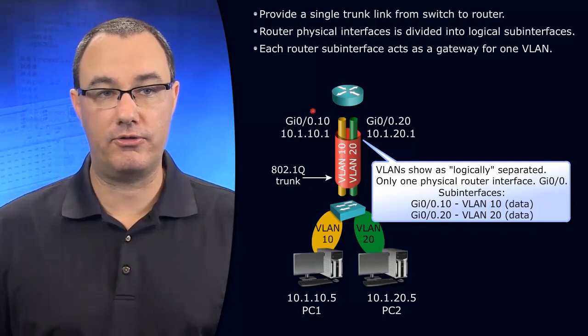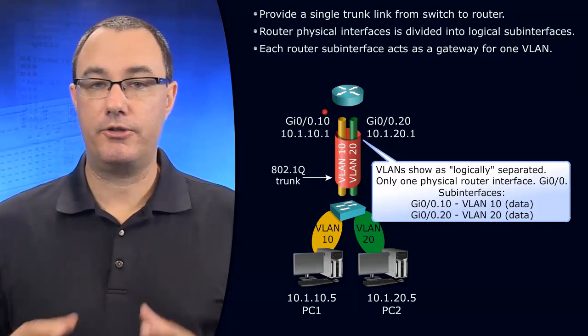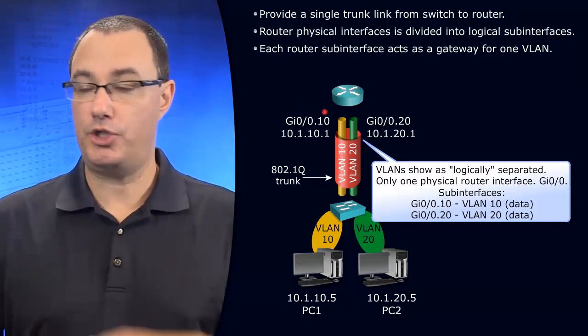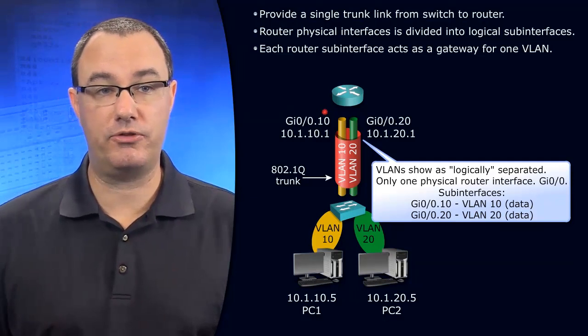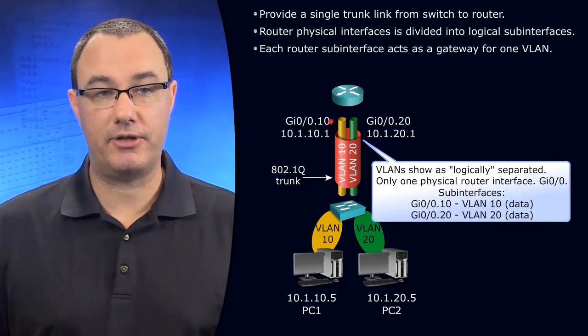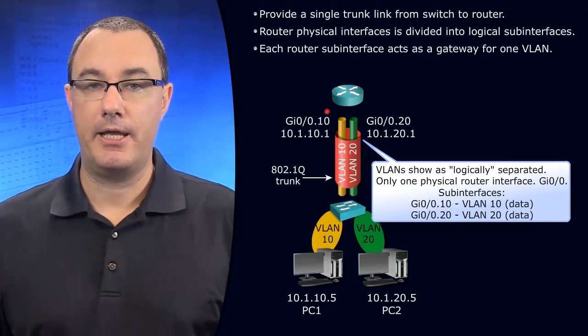The physical construct is whatever interface precedes the period, and then the sub-interface ID is arbitrary. You get to choose it, but the convention, and one that you should use, is you match the sub-interface ID with the VLAN ID, which you can see is done here.